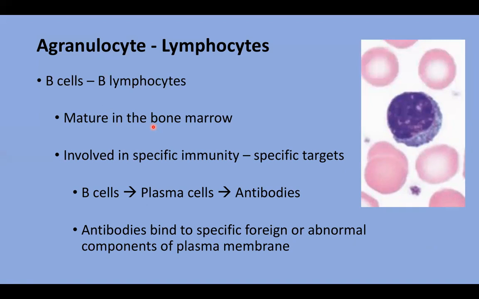So once this foreign protein is in your body, these B cells are going to kind of notice, hey, there's something foreign here. This thing doesn't belong here. So the B cell will then produce a plasma cell, and that plasma cell will produce a specific antibody that is generated just for that foreign COVID protein.